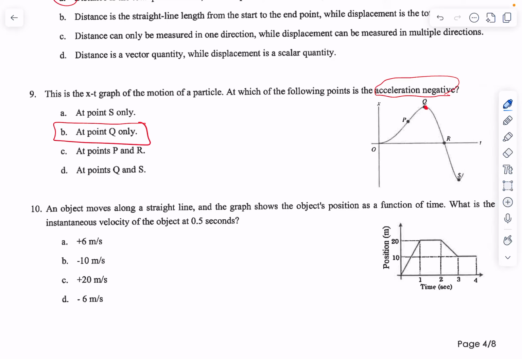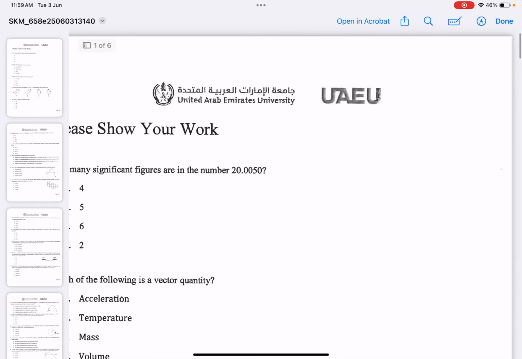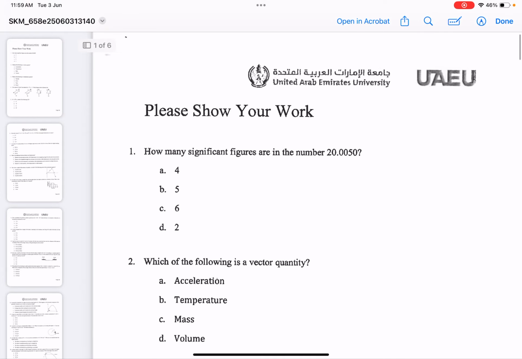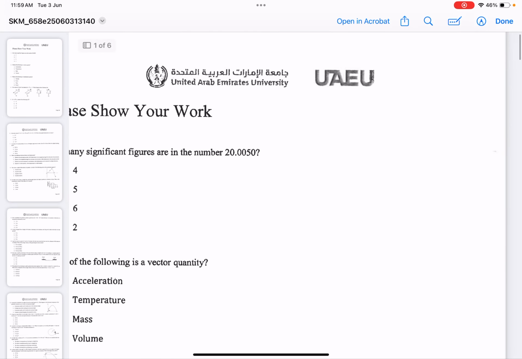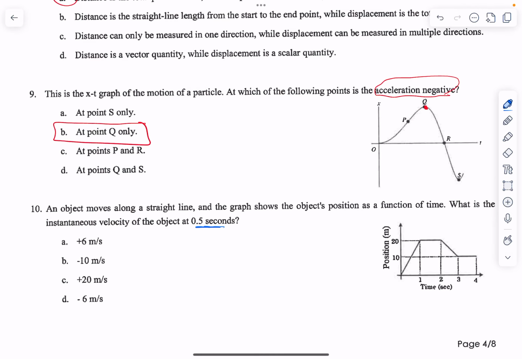So what is the instantaneous velocity at 0.5 second? So at this point it's the instantaneous velocity. So instantaneous velocity at 0.5 second is 20 meters per second.